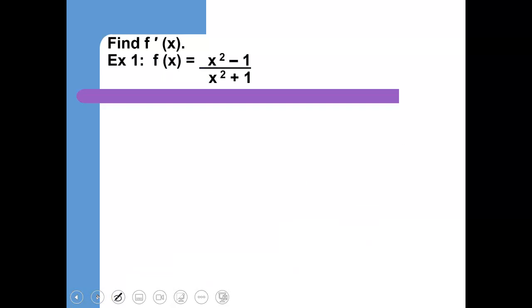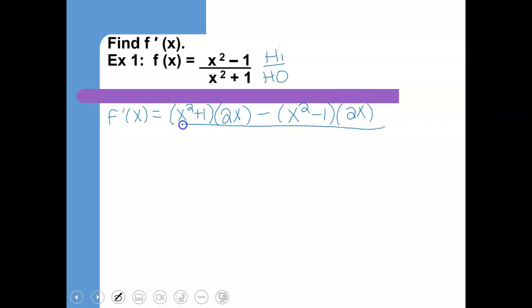So find f prime of x. So f prime of x equals ho, so x squared plus 1, d high, derivative of x squared minus 1 is 2x, minus high, so the top, d ho, derivative of the bottom, all over ho ho, or the bottom squared.